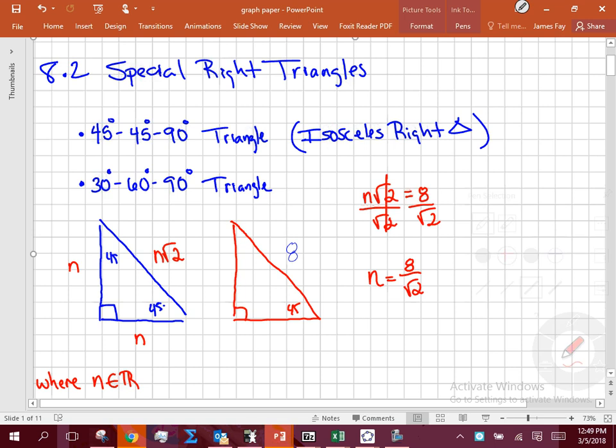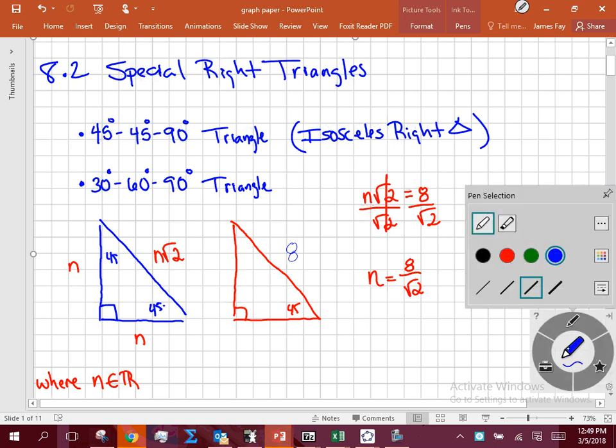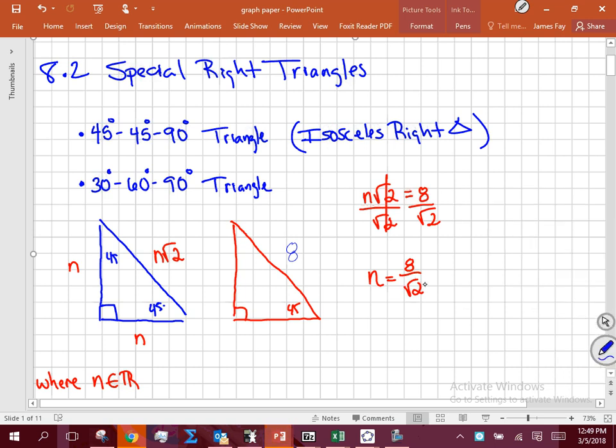Now, do you like writing it that way? No. Every time we type this into Math Excel, it's going to say you're wrong because you got a radical in the bottom. So if you remember from what we talked about last week, we got to multiply by that fraction, right? Whatever that radical is, you multiply by that over itself. That rationalizes the denominator. It gives me 8 radical 2 over, what's radical 2 times radical 2?